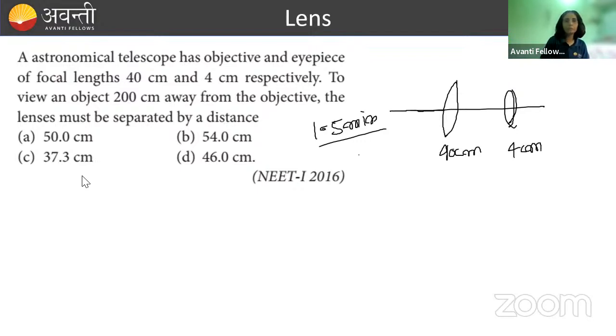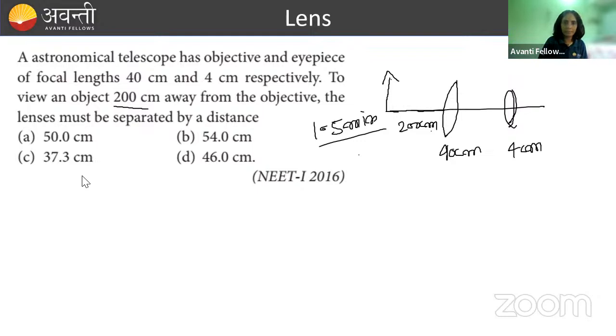To view an object 200 centimeter away from the objective. So the object is not kept at infinity, but at some finite distance, and that is 200 centimeter, away from the objective. The lenses must be separated by what distance?